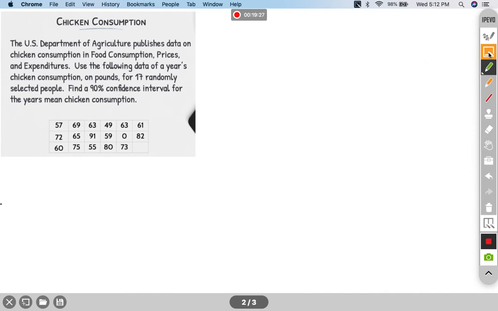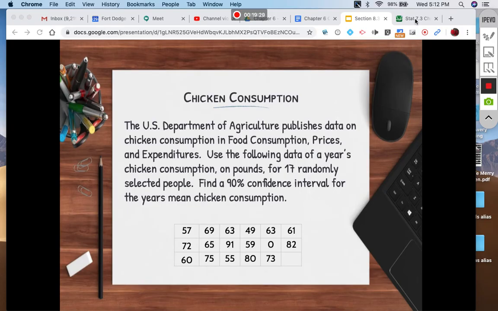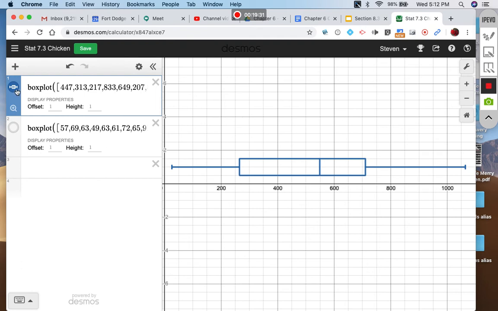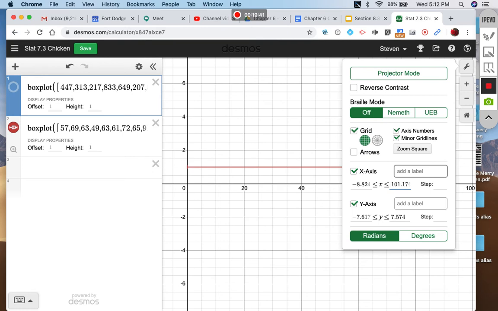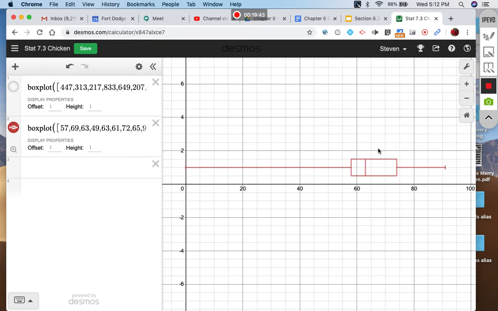I'm going to start off with my box plot. When we look at this one, this whisker is much, much longer than 1.5 times the IQR.